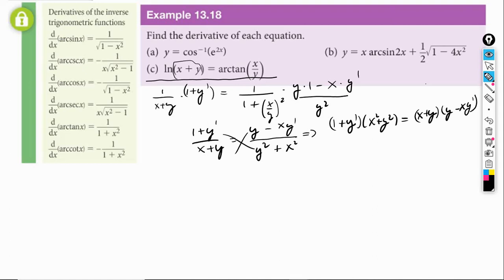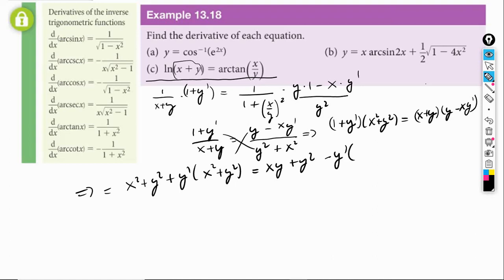Okay, so now this over here is going to give us x squared plus y squared plus y prime, and I'm not going to expand this because I'm going to have to factor out later anyway, so let's just leave it as y prime times x squared plus y squared, and this equals xy plus y squared minus y prime times, multiplying by x, so x squared plus xy.